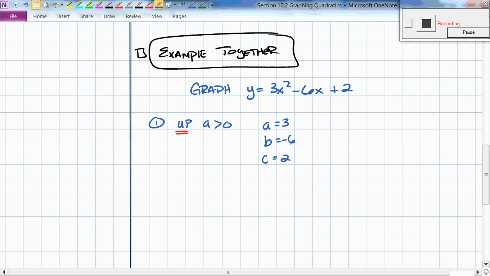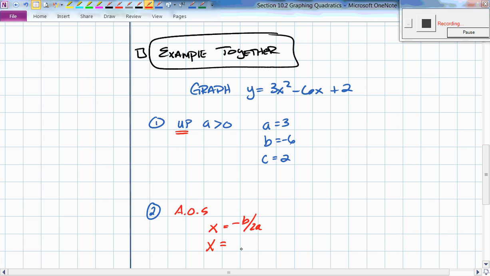Easy? Easy. Great. Step number 2. What are we supposed to do in step number 2? Find and draw the axis of symmetry. All right. So, the axis of symmetry, we find it by saying x equals negative b over 2a. So, let's see here. What's the value of negative b?